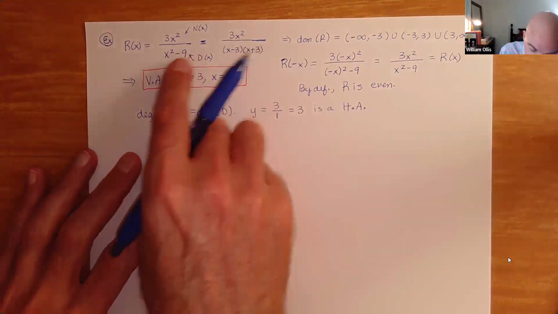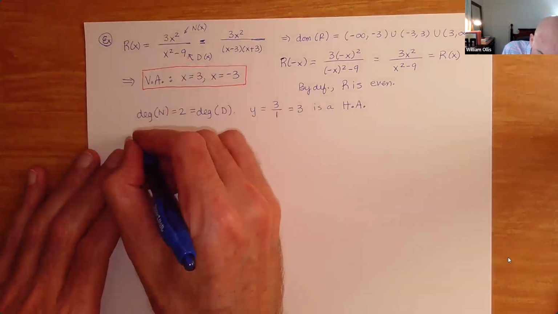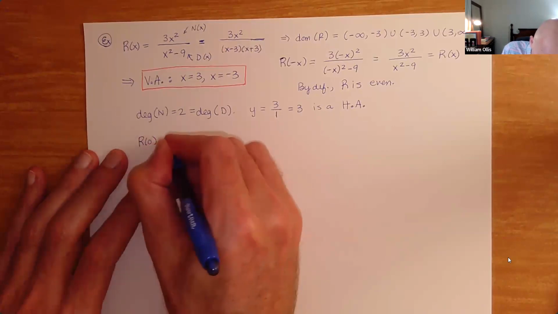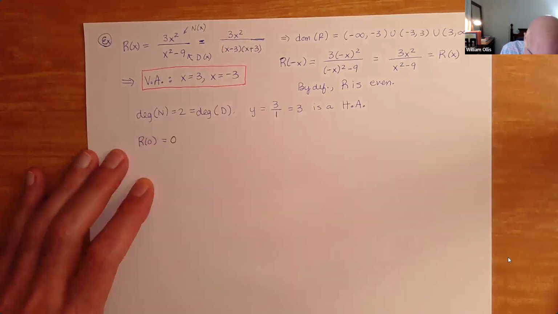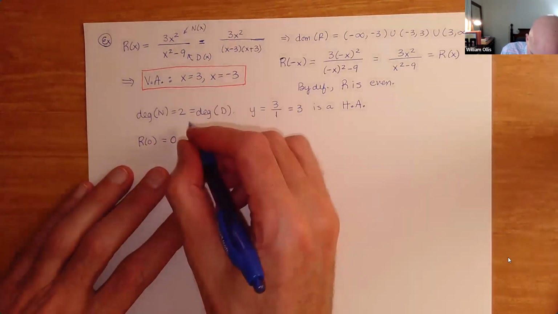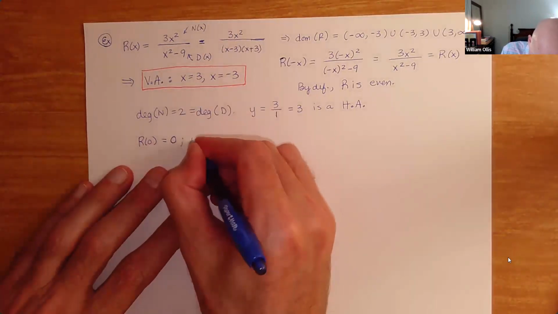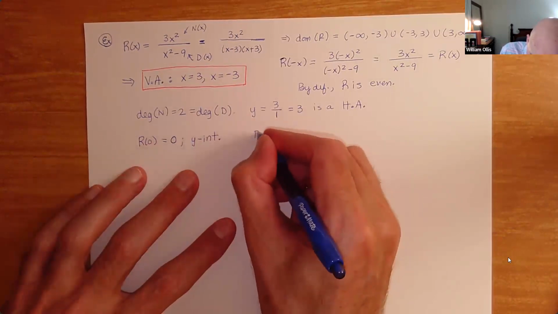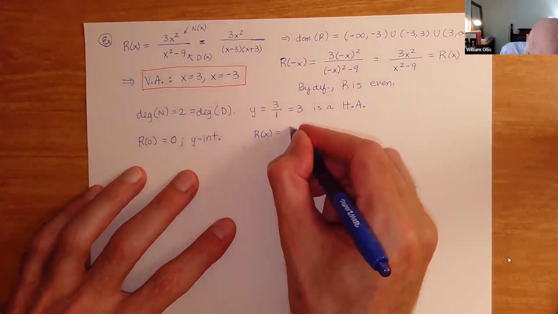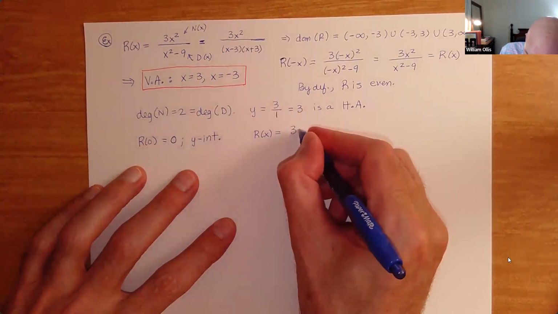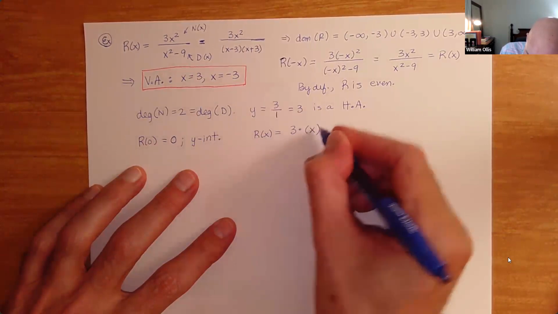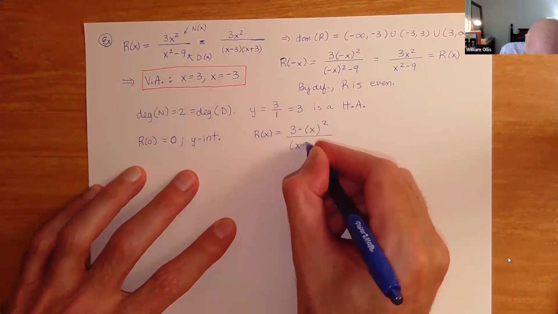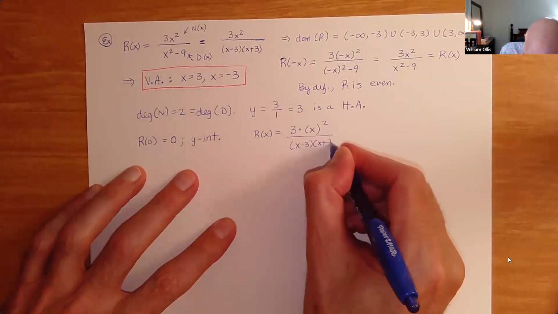Let's just note that we have very simple, in this case, x-intercepts. So r of 0 equals 0. And then, of course, that's really very easy. That's our y-intercept. And it's also an x-intercept because we know r of x is just 3 times x squared, so we see that that has a multiplicity of 2, over x minus 3, x plus 3.